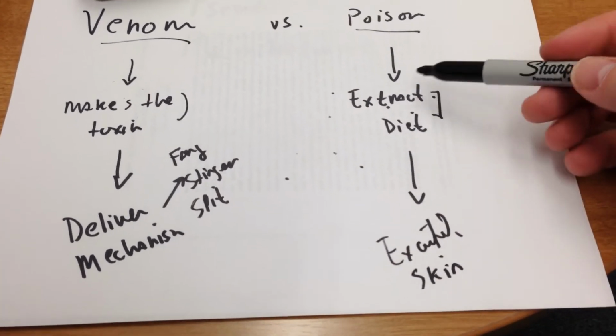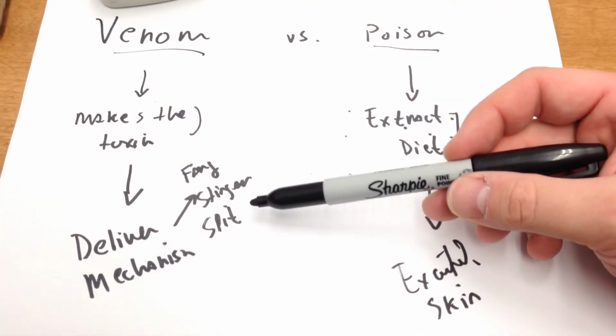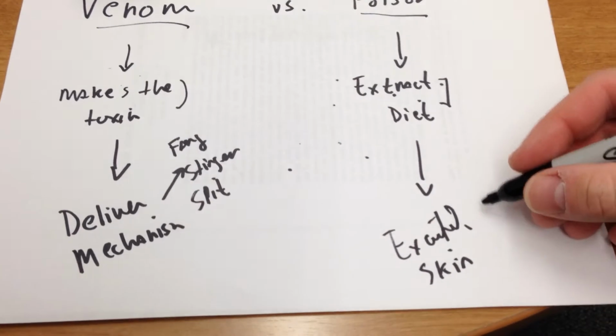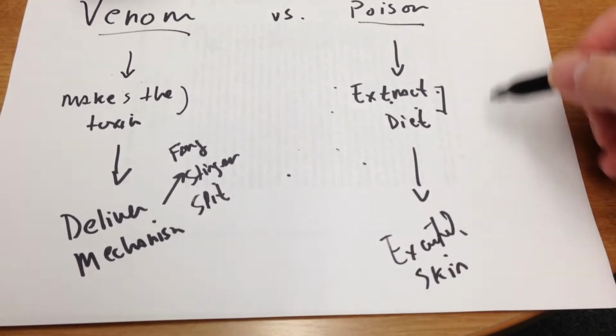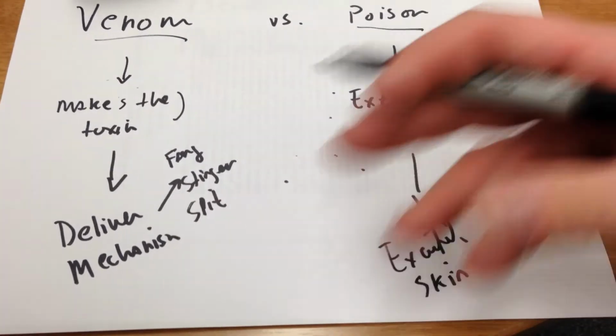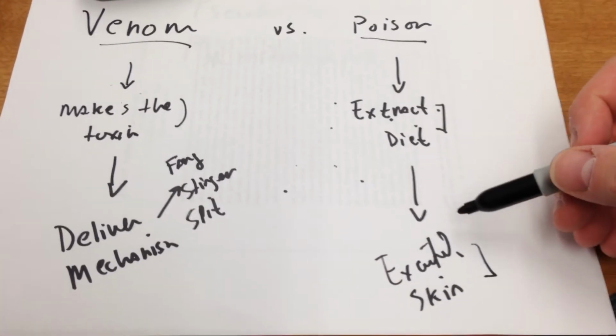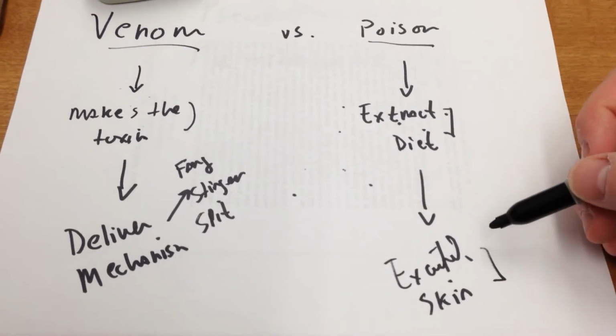So these frogs will get stressed, or something will attack them, and rather than biting or stinging or spitting, they'll just excrete the toxins on their skin, and maybe the animal comes in to bite or whatever, and gets a dose of the toxin that's on the skin.